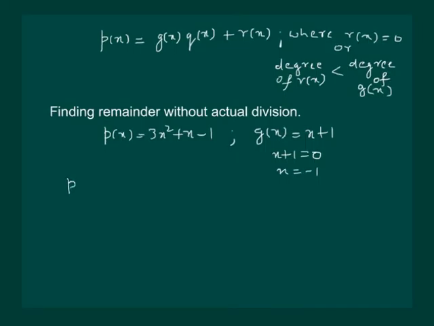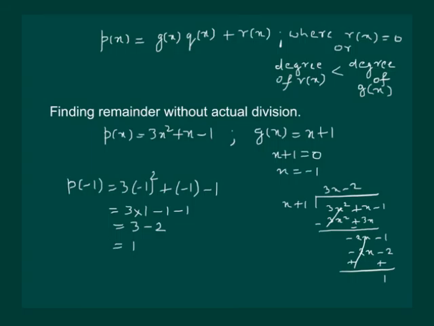We get p of minus 1 equal to 3 into minus 1 whole square plus of minus 1 minus 1, which is equal to 1, which is same as the value obtained of the remainder after actual division.